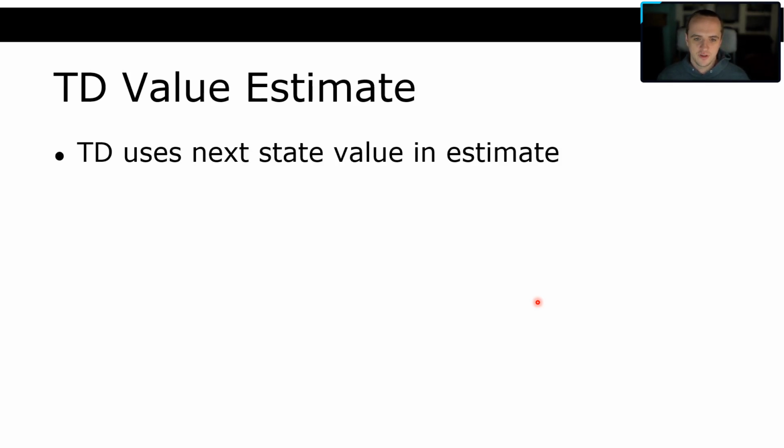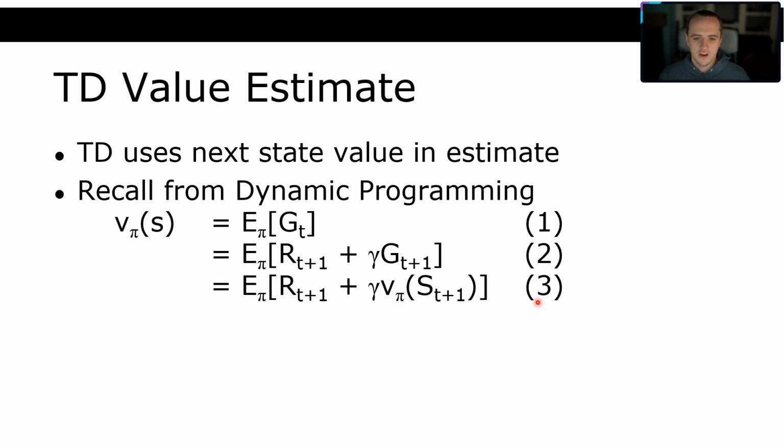So the value estimate uses the next state value in its estimate. Now, I'm not going to explain all of this right now, but go back to that derivation that we did in the dynamic programming slide. So the value of a state within a given policy is the expected value of the return from that time step given that policy.